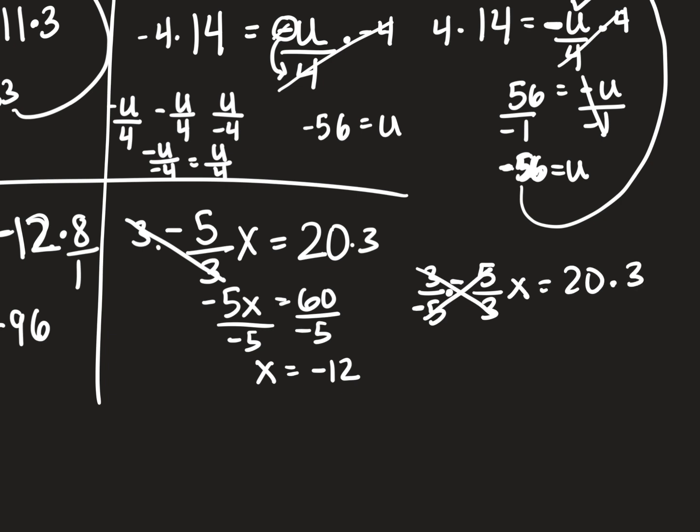As long as I multiply by 3 over -5 on the other side of the equal sign, I can do some canceling here, and even if I don't cancel, I could get x equals 60 over -5. But if I do cancel, I'm left with 4 times 3, which is 12, and then a -1 in the denominator. So the answer is -12.